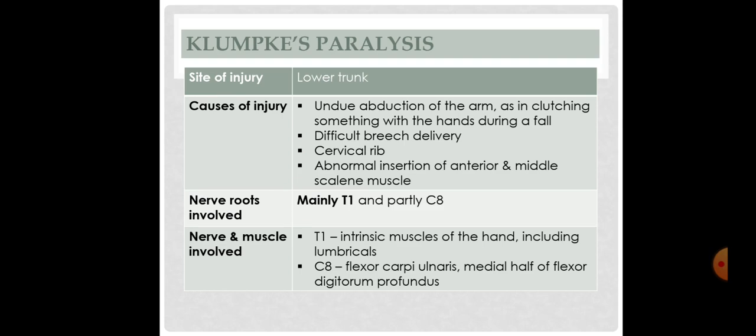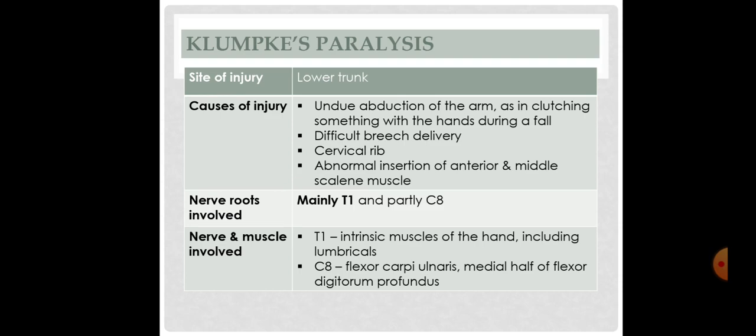Another injury that is important in brachial plexus, that is Klumpke's paralysis. In Erb's palsy, it occurs in the upper trunk, but in Klumpke's paralysis, it occurs in the lower trunk. And here, two nerve roots are mainly involved. One is C8 and another is T1.